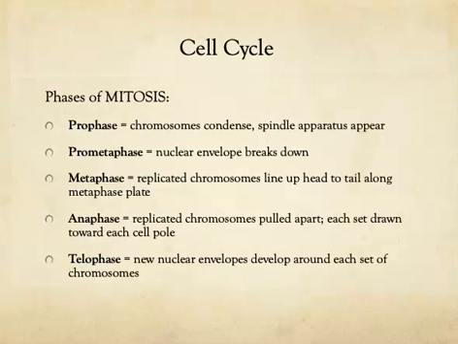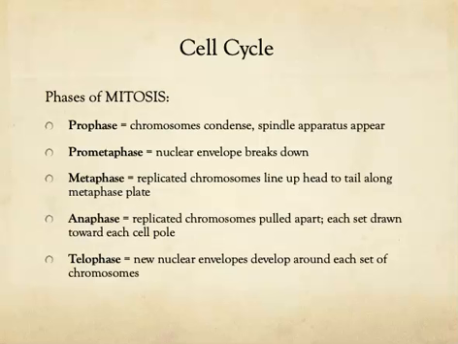That process is known as condensation, and it produces structures that can be seen under the microscope that we call chromosomes. So, chromatin is compacted, chromosomes are condensed.